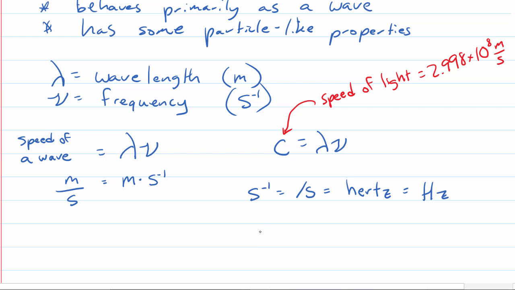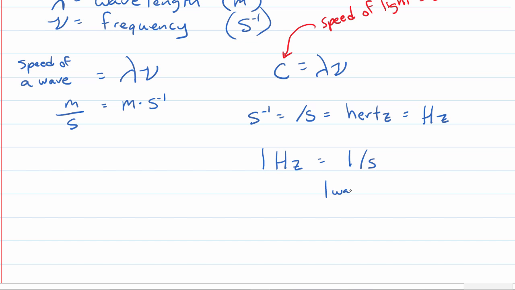So if something has a frequency of 1 hertz, what this means is that one of something is occurring per second. A frequency of 1 hertz means one of something, whatever the event is, per second. If it's a wave, this would mean that one wave is going to pass for every second. So any questions on this piece here?